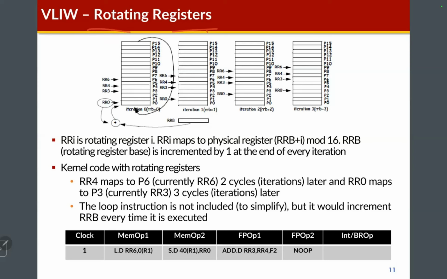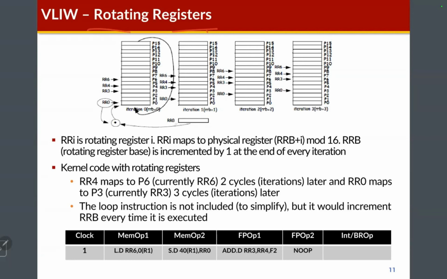So actually, instead of the architectural register number, the compiler assigns rotating registers like RR0, RR3, RR4, RR6 here. And then these rotating registers are mapped to different physical registers, like P0 to P15.